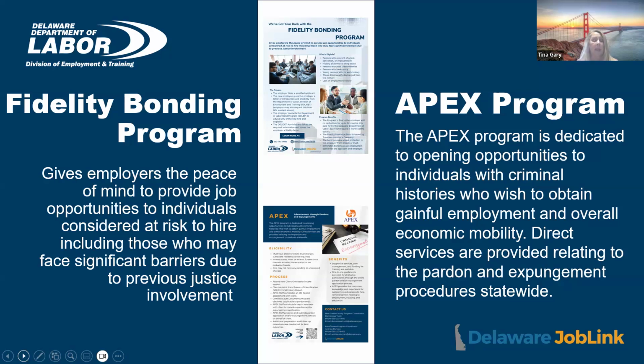So we can get program bonding. It's paid by the Department of Labor. So this is something I encourage employers to look at because sometimes we're really struggling to find qualified employees, and some of these things are disqualifiers. So it is a comfort to the employers to know that we can give a bond for those high-risk employees.